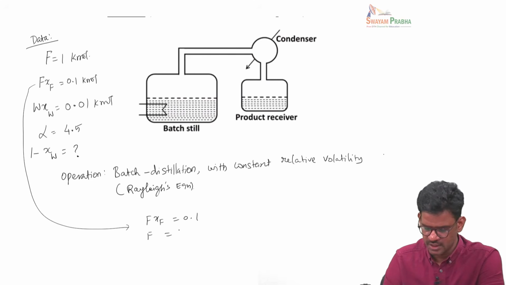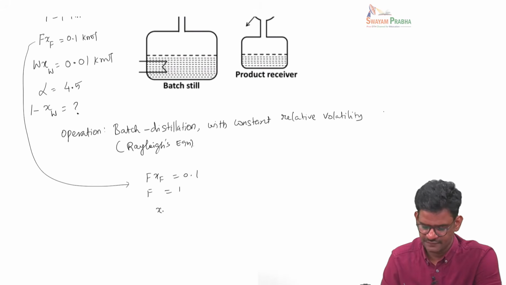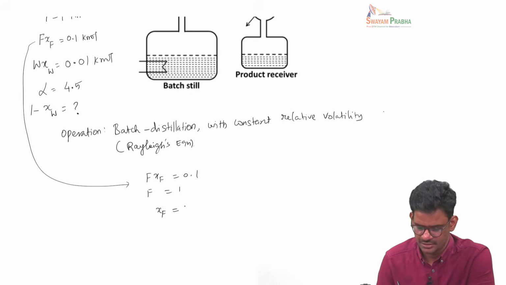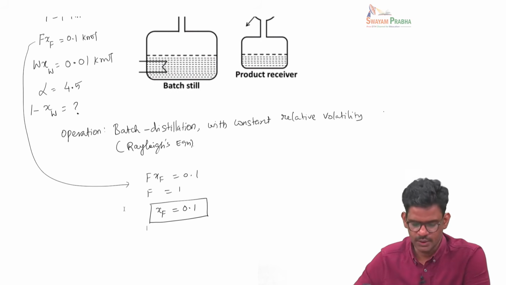and F is 1, we can find that XF, that is the feed composition, is 0.1. Okay. So, this is something we can easily infer. And now, let us write the Rayleigh's equation.